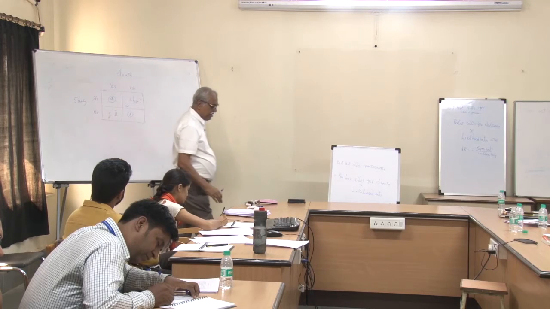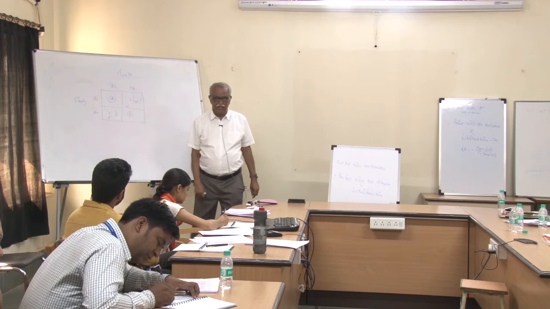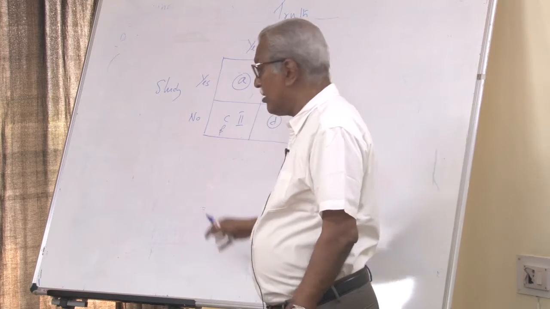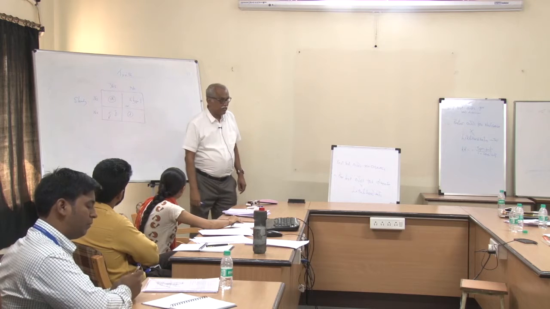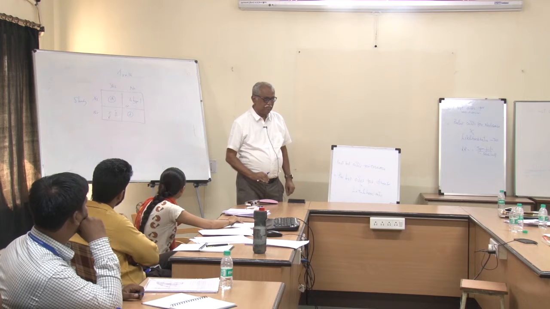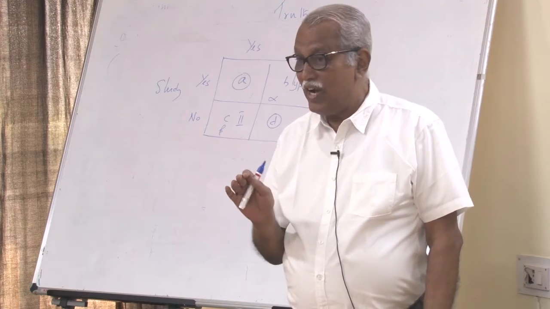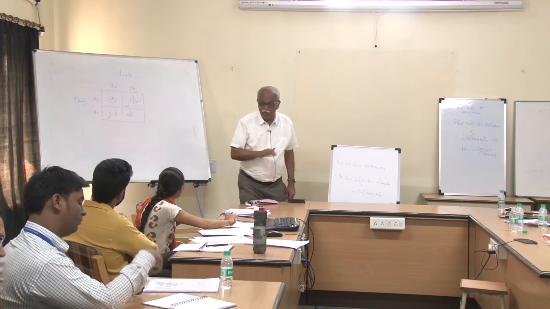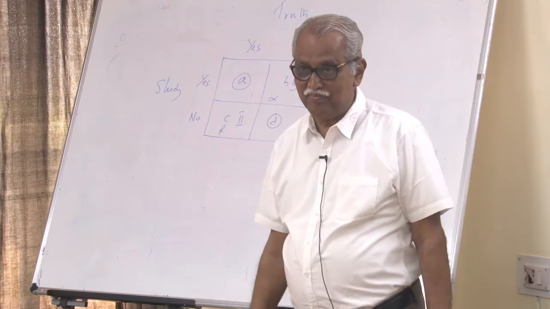The question is, how do you know whether you are here or here? On the contrary, when you say there is no association, how do you know whether you're here or here? The truth is, you will never know. But all is not lost. You can calculate the probability of you making a type 1 error or a type 2 error.